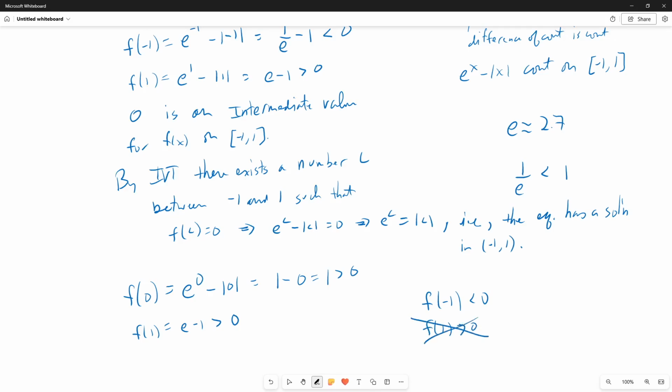We could replace f of 1 as positive with f of 0 is positive, and therefore by the intermediate value theorem, there is a solution on the smaller interval from negative 1 to 0. There is a solution to the equation in the interval negative 1 to 0. So we've halved the size of the interval. So now we have a more precise estimate for where the solution is.